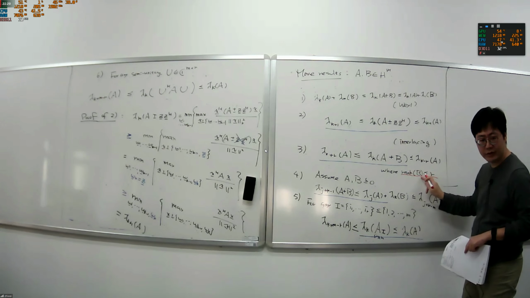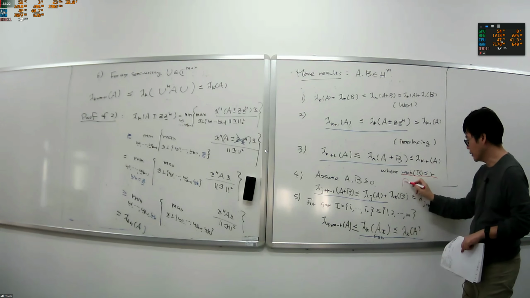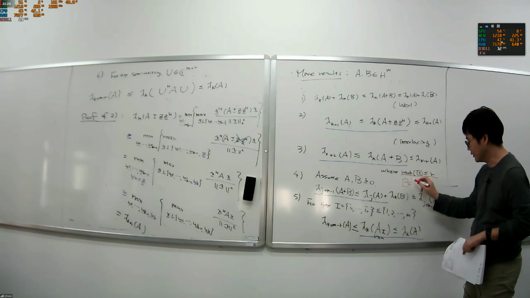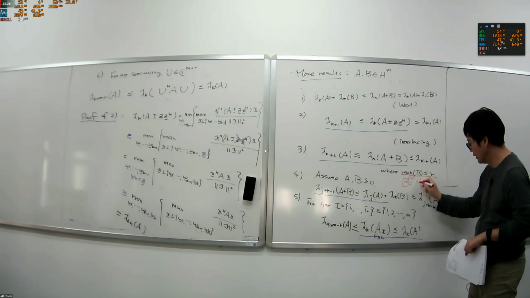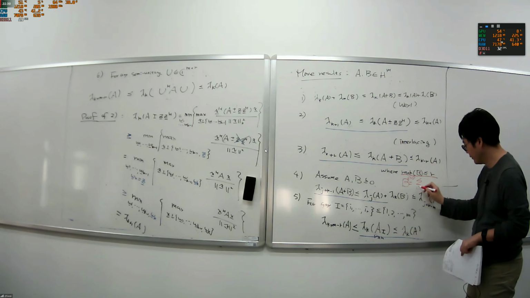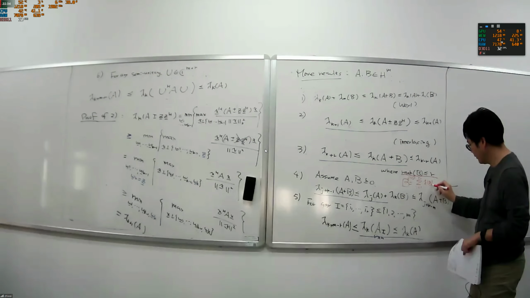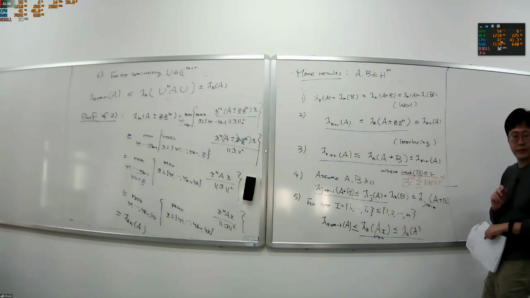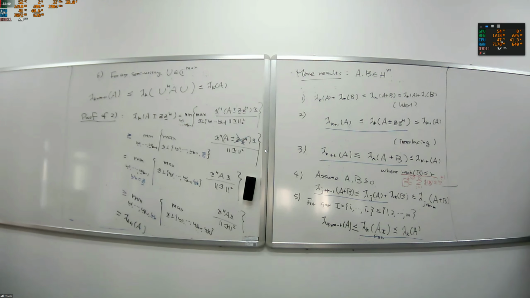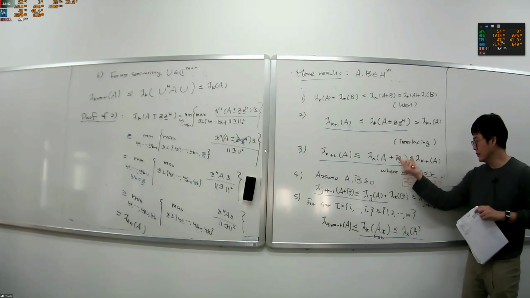And it's Hermitian. So you can have an eigenvalue decomposition, EVD.